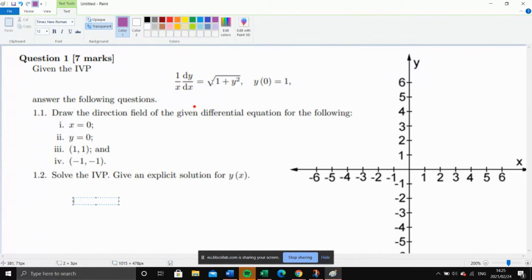So dy/dx is equal to the square root of 1 plus y squared, and then I would multiply by that x on the top to remove it from the side.